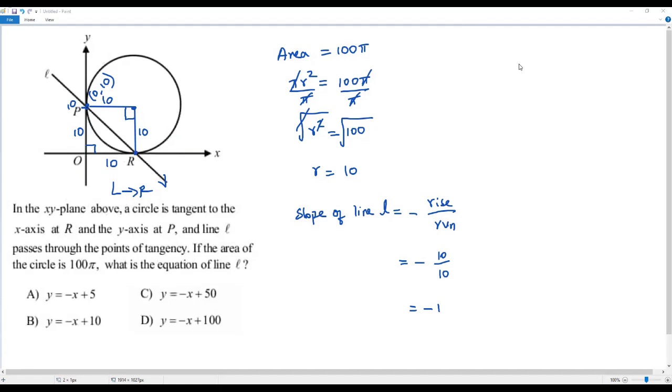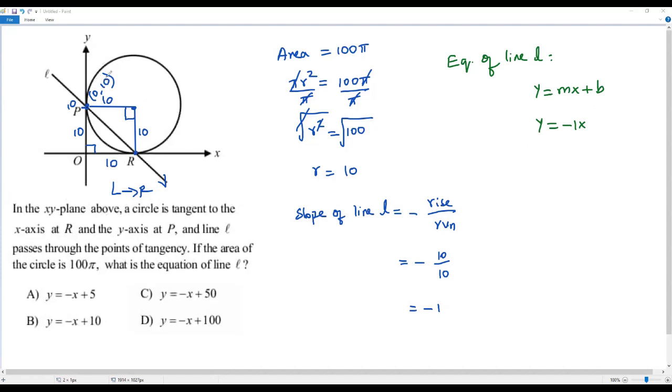Now we can get the equation of line L in slope-intercept form. Let me write it over here. The slope-intercept form equation of a line is y equals mx plus b. Here m represents the slope of the line. Already we got the slope of line L, that is negative 1. We can plug in negative 1 for m. Here b represents the y-coordinate at the y-intercept of the line.